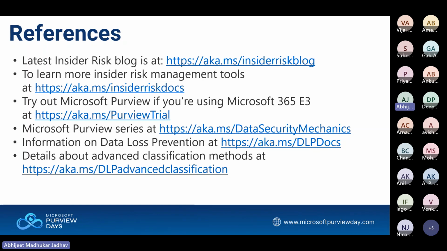But if you want to try it, there is an option to use the Purview trial to see these features. There is also a YouTube series which will help you understand data security. And there is other information available for data loss prevention documentation and advanced classification methods.